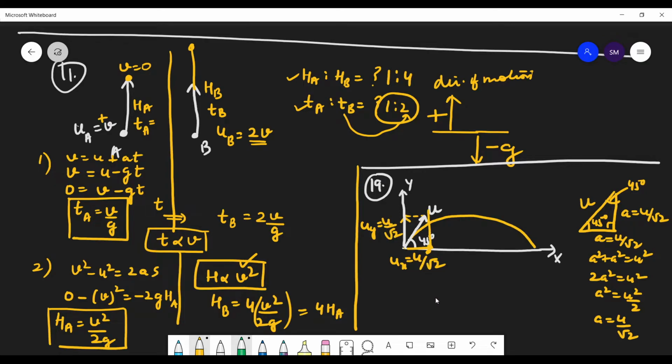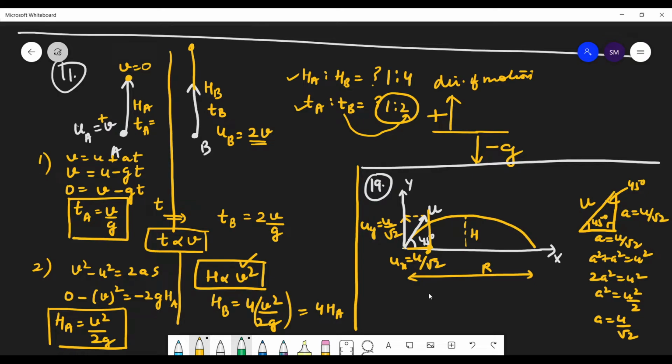U by root 2. Is this okay? Yes, sir. Now you have to find the relation between this maximum height and this range. What is the relation between H and R?